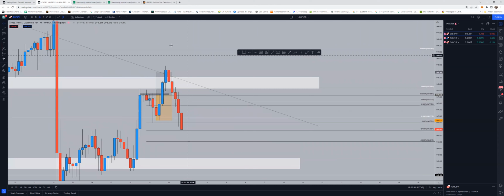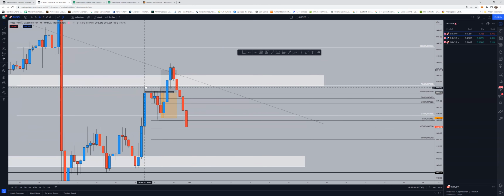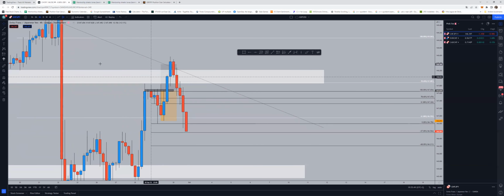If I go now to the 4-hour, you can see that we just didn't tap our daily supply and demand zone, but we had a pattern. If we have no tap of the daily supply and demand zone, that's okay, but we have a pattern: the first leg, second leg, third leg, and then my limit was set on the beginning of correction.